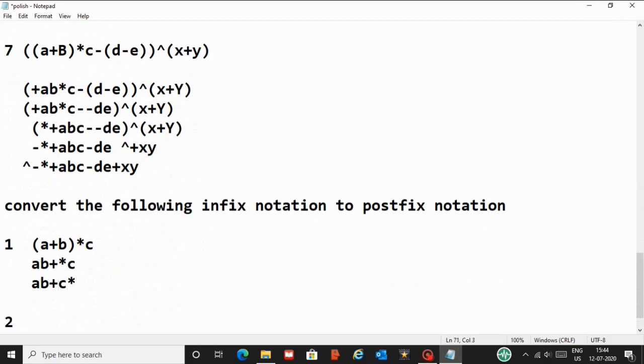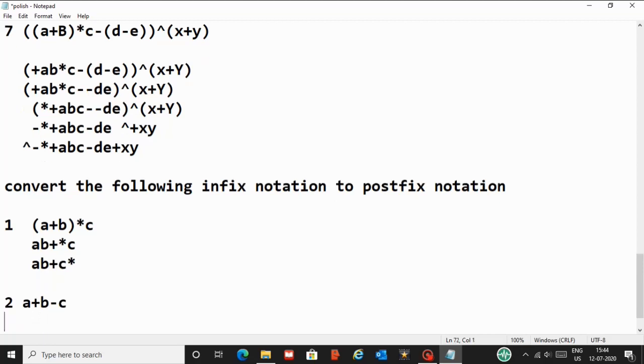The second one, A plus B minus C. So I have plus and minus, both have equal precedence, which is the lowest precedence, and the associativity is from left to right. That is, it is left associative. Both are left associative here.